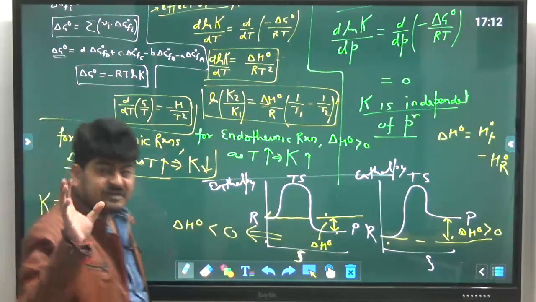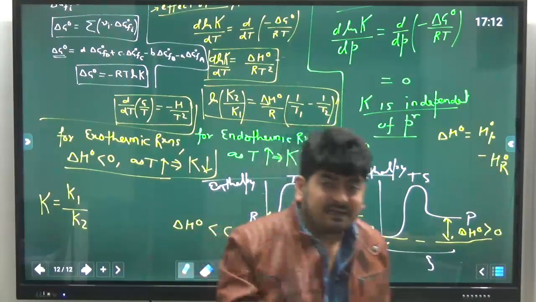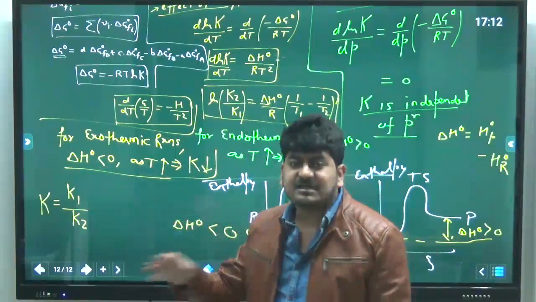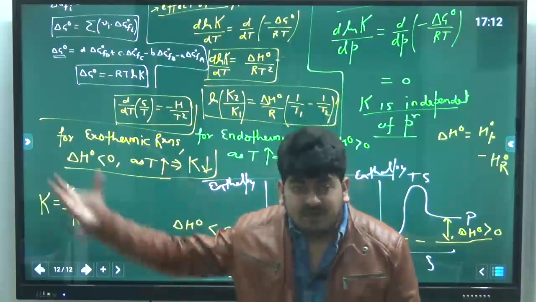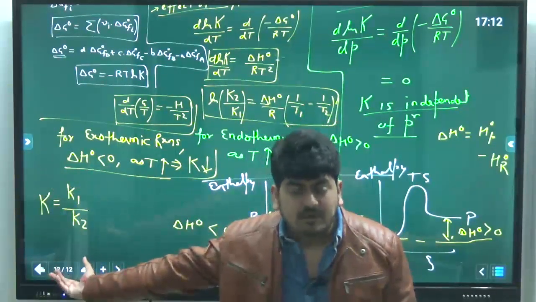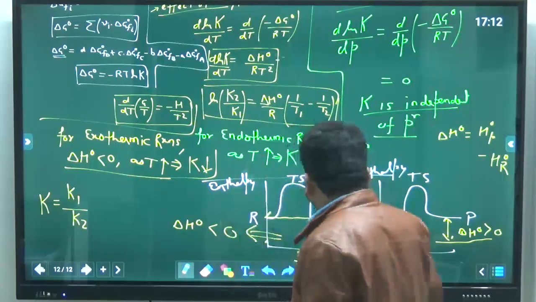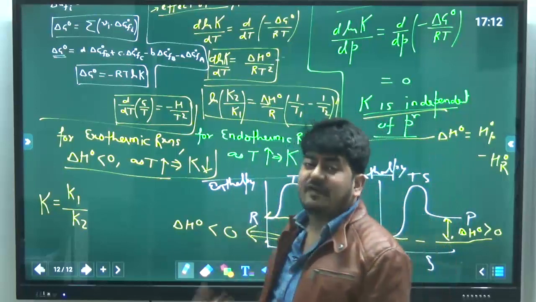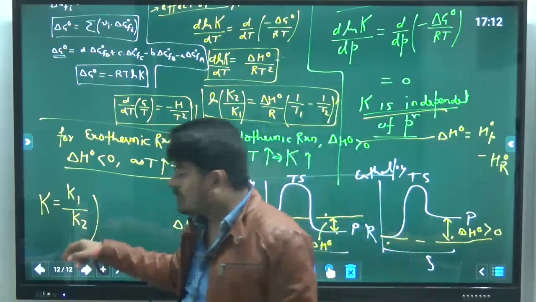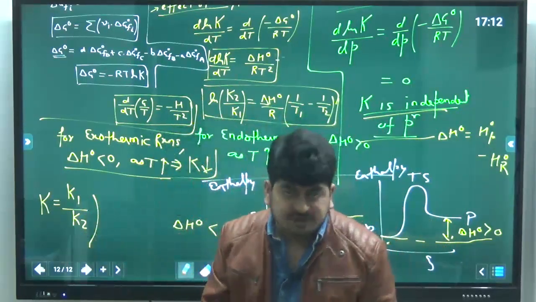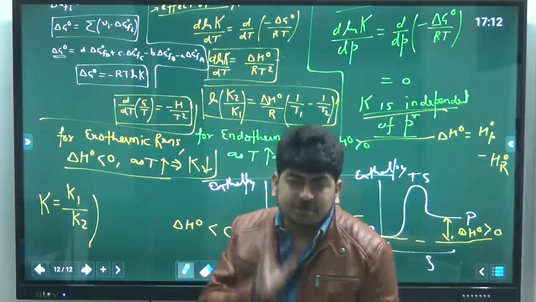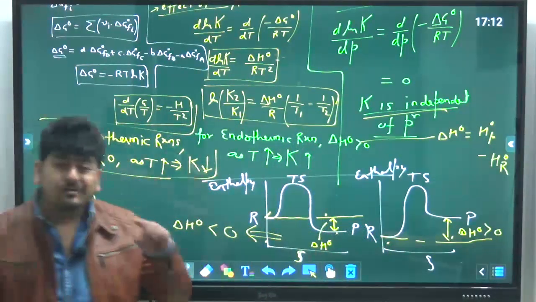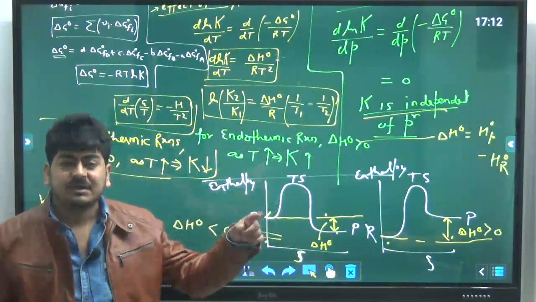So in that class we study that for any chemical reaction, rate constants, specific reaction rates, are a special case of equilibrium constant. Since equilibrium constant is independent of pressure, the rate constants are also independent of pressure. They are a function of temperature only. So you should know rate constants are independent of pressure.